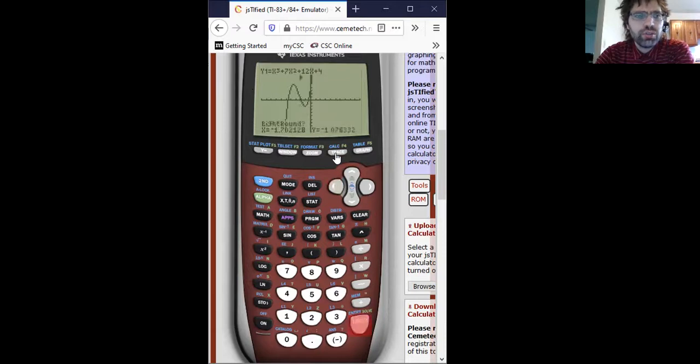Here's a value to the left, a value to the right, a value near it. And we get -0.4384472.